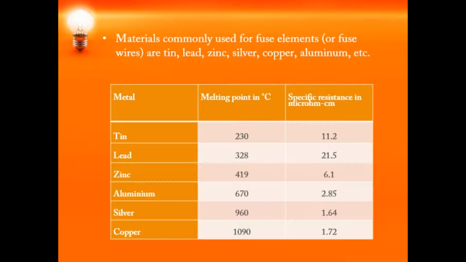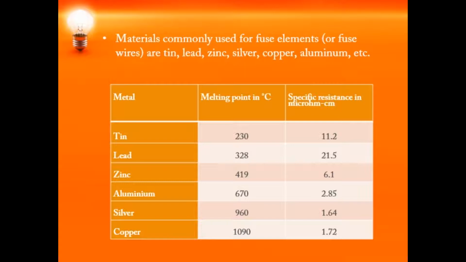That means for a given current rating, the fuse element made from low melting point metal will have high specific resistance, and it will have a greater diameter, and hence a greater mass of the metal than those made from high melting point will be required. So we use a material which has a lower melting point.